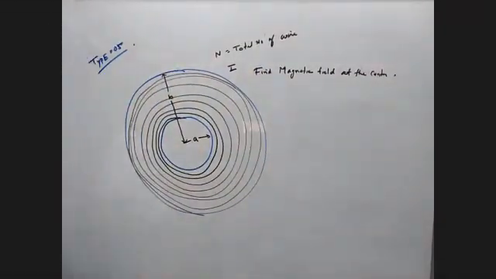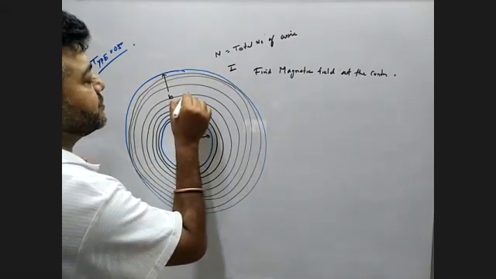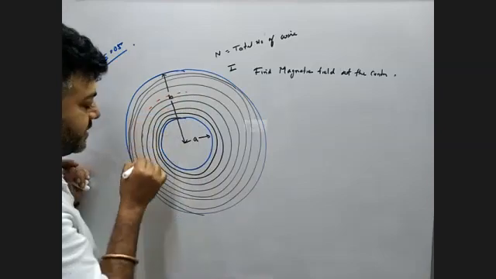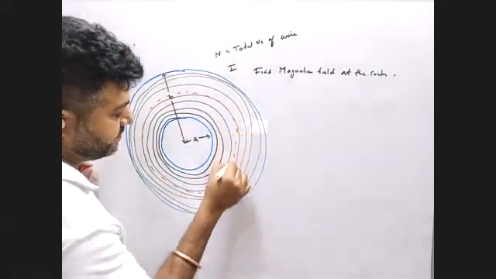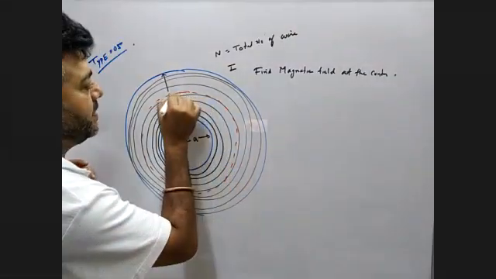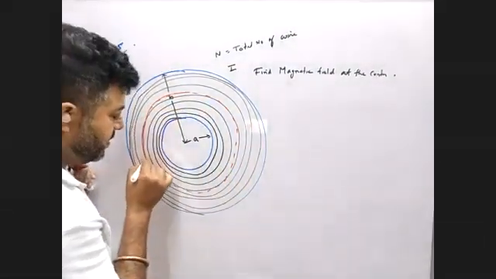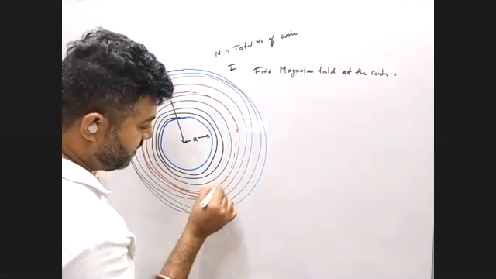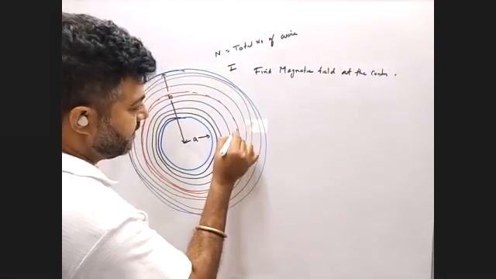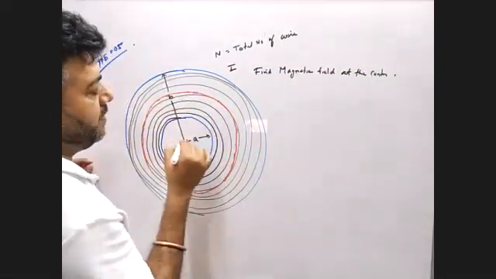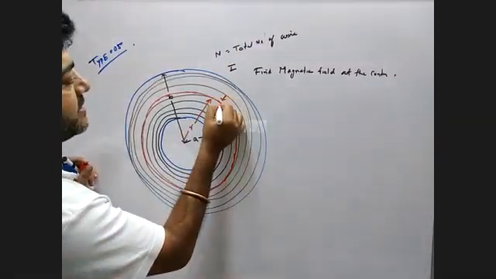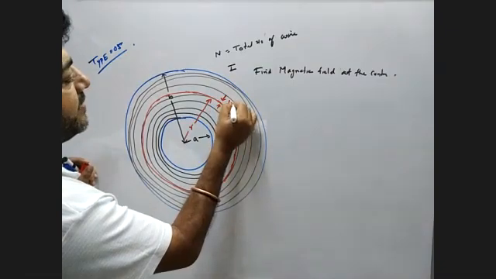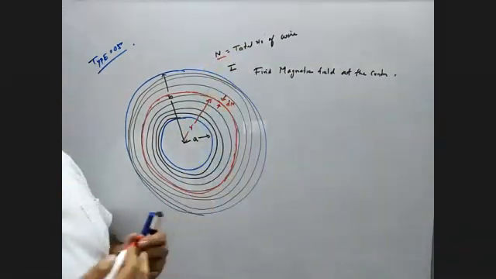See, in this question, suppose we take a wire whose radius is r and thickness is dr, because N is the total number of turns.